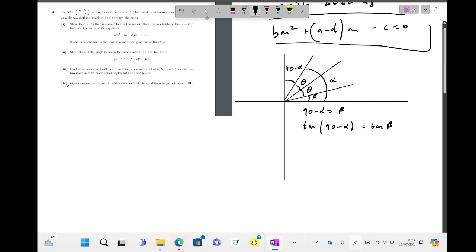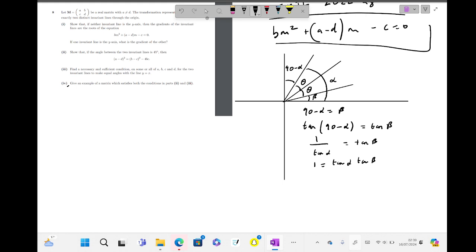We also know that tangent of 90 minus x, or tangent of pi on 2 minus x, is the cotangent of x, which is the reciprocal of tangent, so 1 over tangent alpha is equal to tangent beta, and therefore 1 equals tangent alpha tangent beta. And further, tangent alpha and tangent beta are m1 and m2 respectively, therefore 1 equals m1 m2.